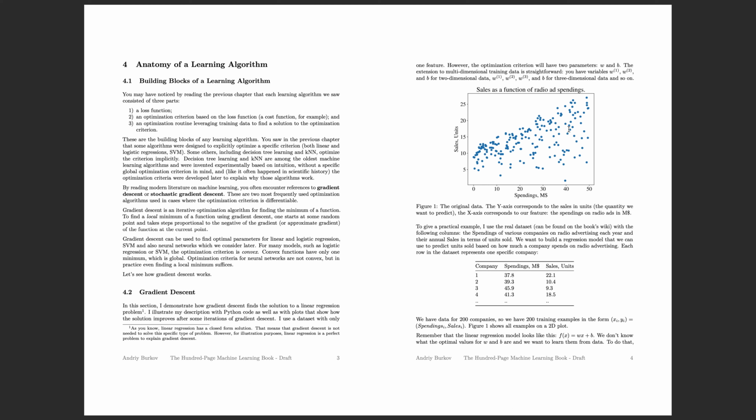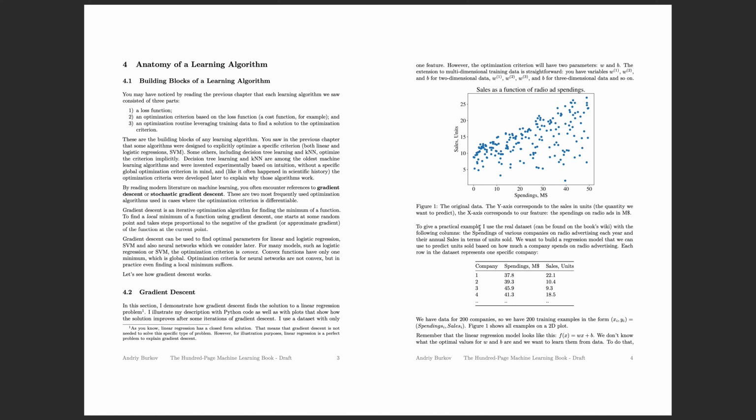And the way gradient descent will do that is, this is simply how much a company is selling units based on how much it is spending on radio advertising. Each row in the data set represents a specific company, so these are all different companies. We have data of 200 companies, so we have 200 training examples, and our x variable is our spendings, and the y variable which we are trying to predict is the sales.